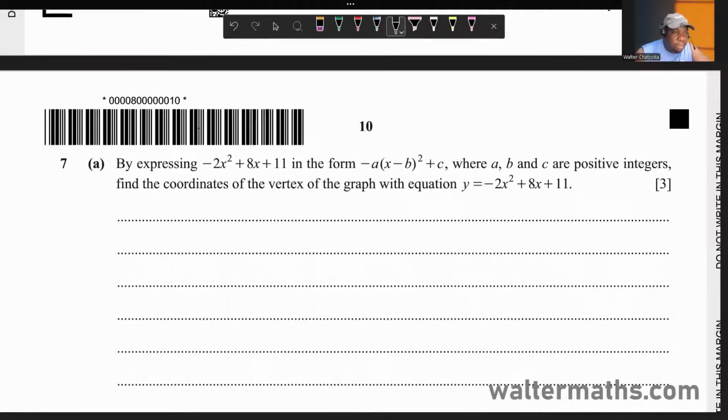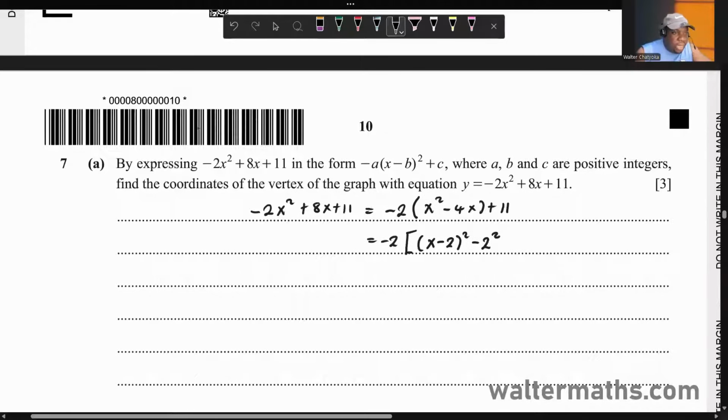All right. So we have -2x² + 8x + 11. This is -2(x² - 4x) + 11. That's -2((x - 2)² - 2²) + 11.